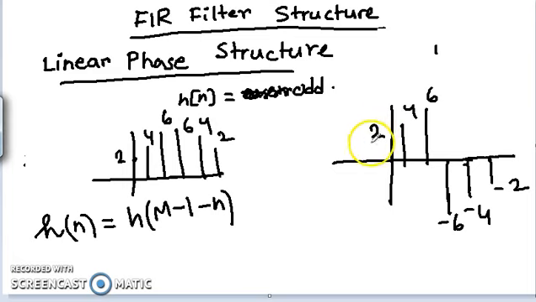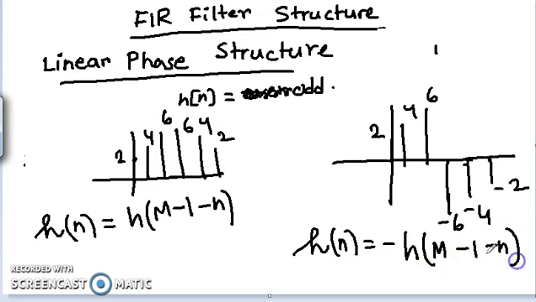And if it is antisymmetric, the response function must be h of n equal to minus h of m minus 1 minus n. So this is the condition for our FIR filter structure to be of linear phase.